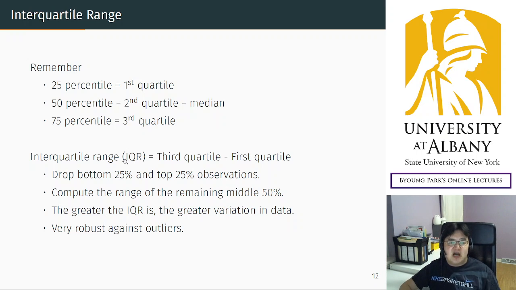So it's usually written as IQR, interquartile range, and the greater the variation is, the greater the measure is, right? So it's very robust against outliers. Remember, in the previous chapter, the median is better than the mean when there are outliers. Same thing applies here. Among the four measures, range, interquartile range, variance, standard deviation, interquartile range is the most robust measure against outliers.